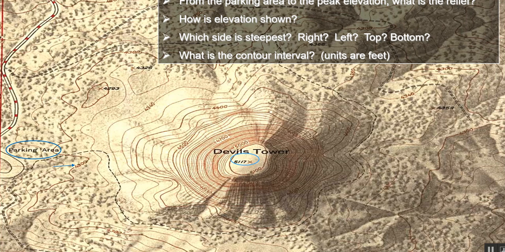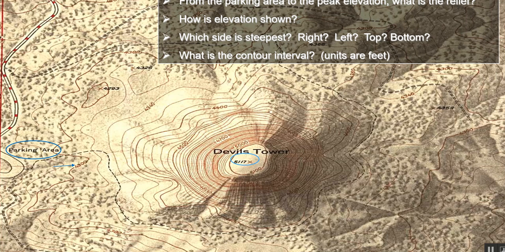Then the question asks, what is the relief from the parking area to the peak elevation? Again, I want to start with what I already know. I found the parking area and saw that there is a contour line right here in the middle. But of course, nothing's going to be easy for us, and that contour line doesn't have an elevation.